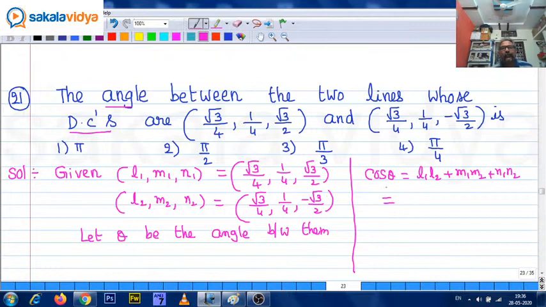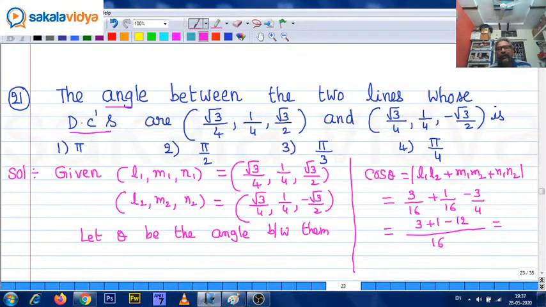So root 3 by 4 into root 3 by 4 gives 3 by 16 plus 1 by 16, minus 3 by 4. 16 is the LCM, so 3 plus 1 is 4, and 4 fours are 16, minus 12. Take the modulus now because all are acute angles.